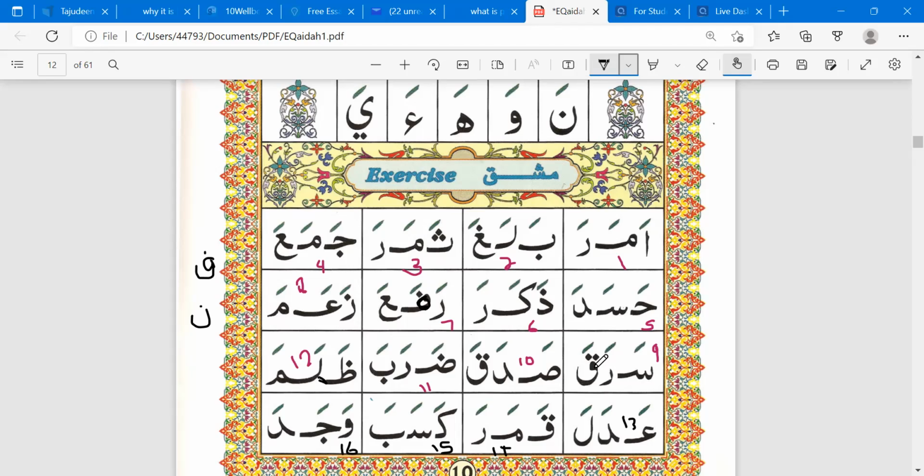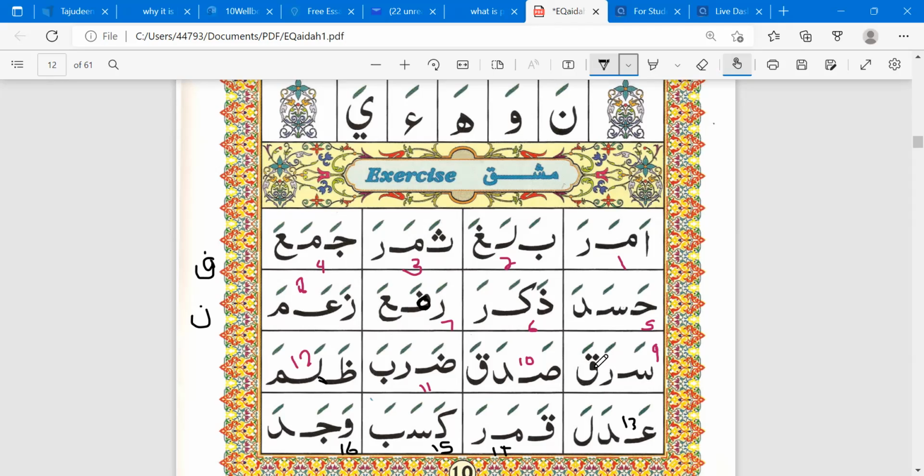The ba. Number 12. Ta. Raw will never join. That's lam. Ta, la, ma. Okay. Zolama. Number 13. Da.